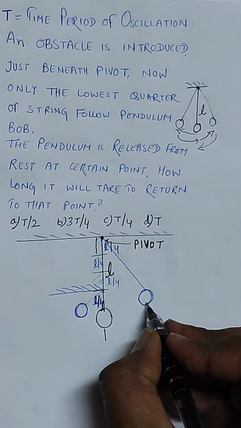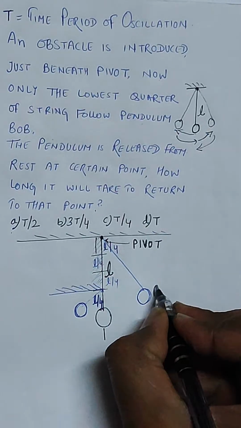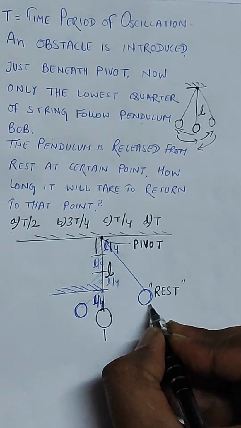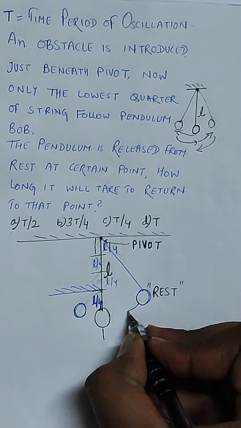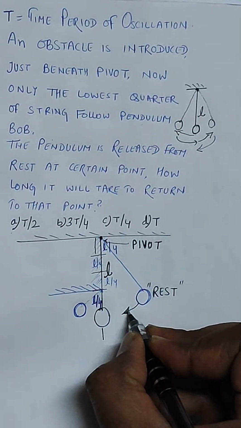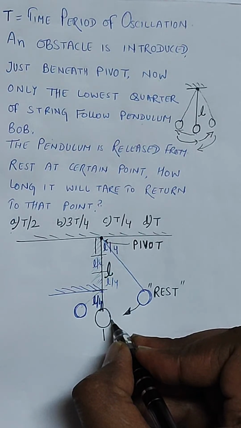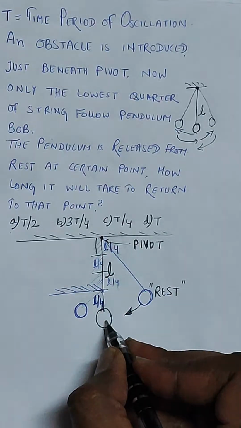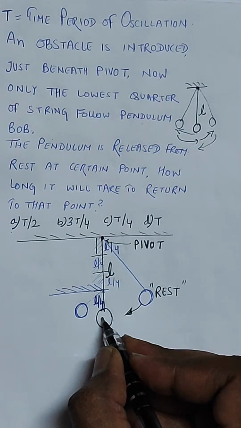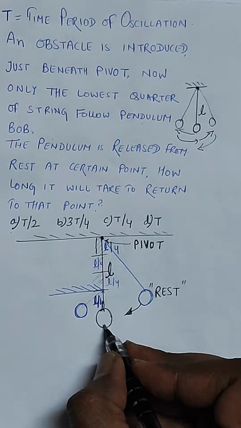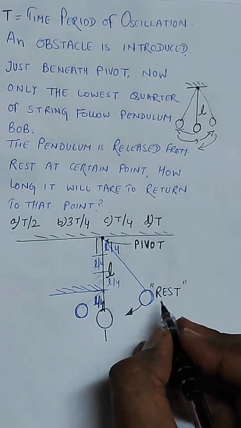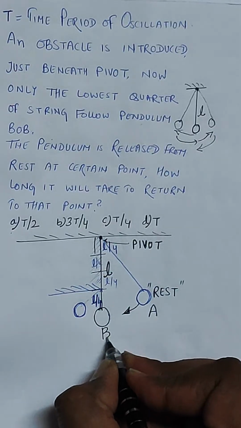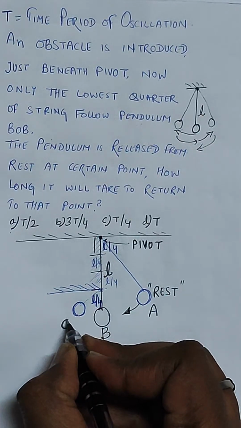Let us consider this point is the rest position, and from here it is released. Then it will go this way and reach this point, and after reaching this point only L by 4 is allowed to hang from this point. So we can say this is position A, this is position B, and this is position C.